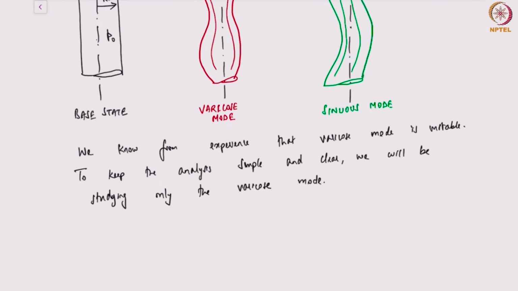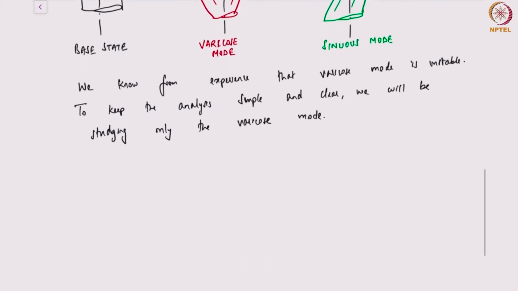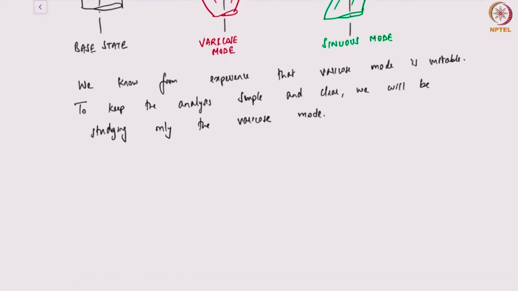But in general, you could set up an arbitrary perturbation which has a combination of sinuous and varicose modes and see how they evolve. What you will find is the sinuous mode will decay if you have viscosity. If you do it for an inviscid jet, the sinuous mode basically would just have neutral stability, which means that it will just oscillate and it will not give you any growth rate, whereas the varicose mode becomes unstable. We'll do the varicose mode in this analysis.